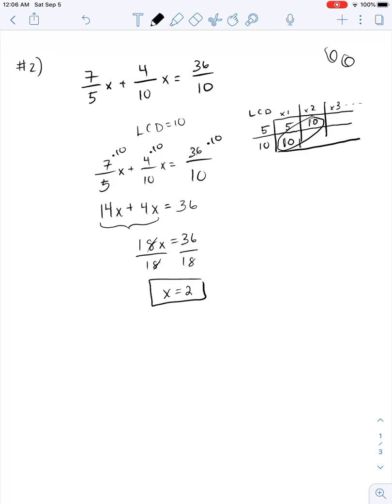Number 3 doesn't look too bad, neither does number 4. I think I want to talk about number 5 though. Or how about we take a look at 4 and then maybe 5.